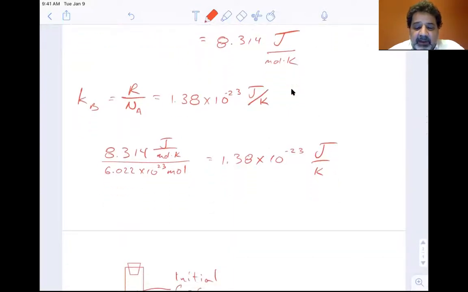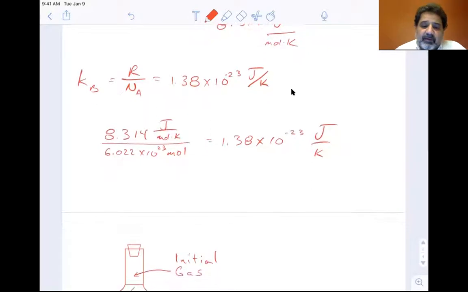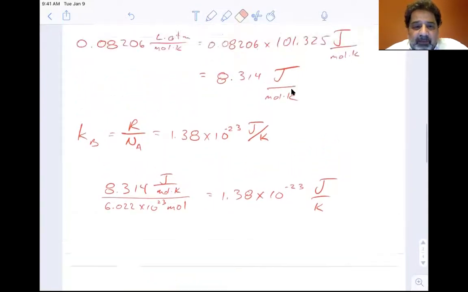And I've got it here: 8.314 joules per mole Kelvin divided by Avogadro's number, 6.022 times 10 to the 23 per mole, you get 1.38 times 10 to the minus 23 joules per Kelvin.